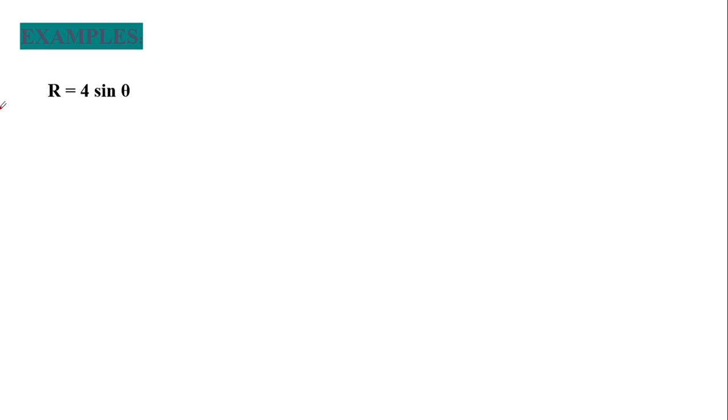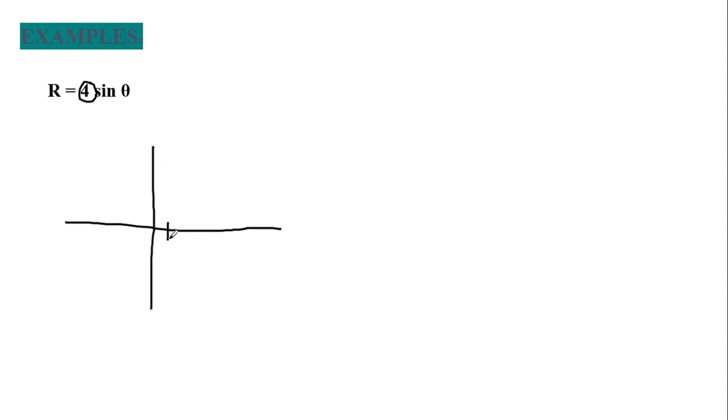Now, let's have an example. We have here r is equal to 4 sine theta. So we can graph it through this. Since our a is positive, which is 4, first of all we are going to travel 4 units to the right since it's positive.